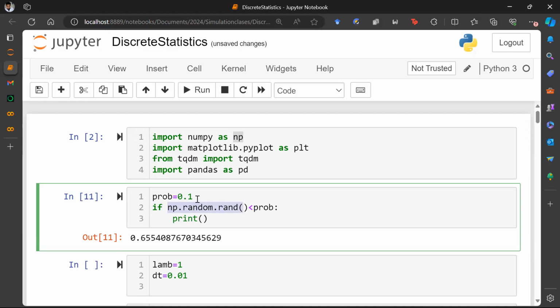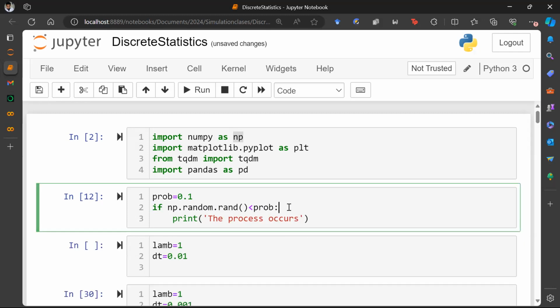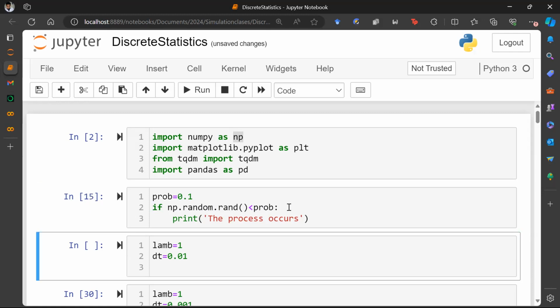So if my random number is less than 0.1, I can print the process occurs. Okay, in this case, I ran it and it didn't occur.